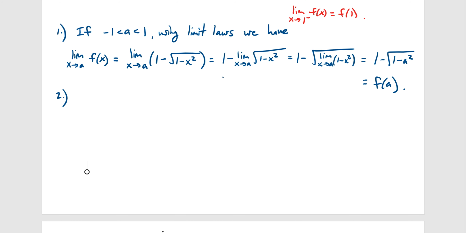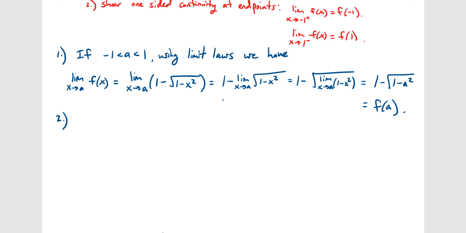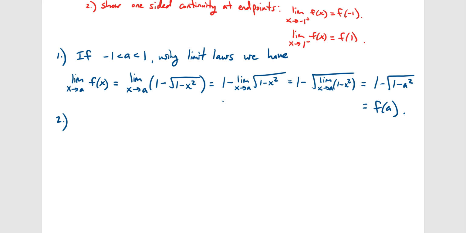And now for the second thing, we had to show the one-sided continuity at the endpoints. So we have two things. We have the limit as x approaches -1 from the right, and this does in fact equal f of -1. I'll leave this as a calculation for you guys. These both equal a value of 1.